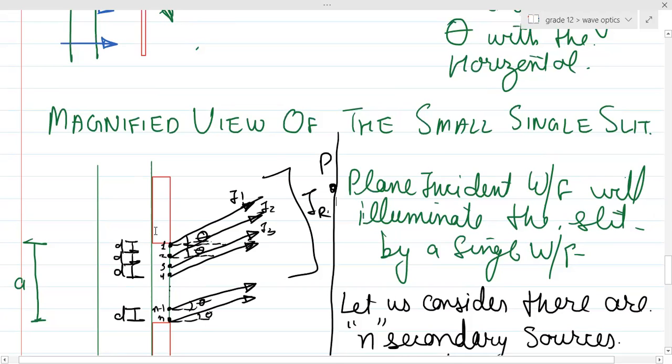This is a microscopic wave, please remember, this is a very microscopic wave which we are talking about. Is that clear? So basically, what did we assume? There would be many secondary sources in between the slit, and only those directions of waves are taken which are at an angle theta from the axis. Okay? Is this clear, guys? Is this much clear?